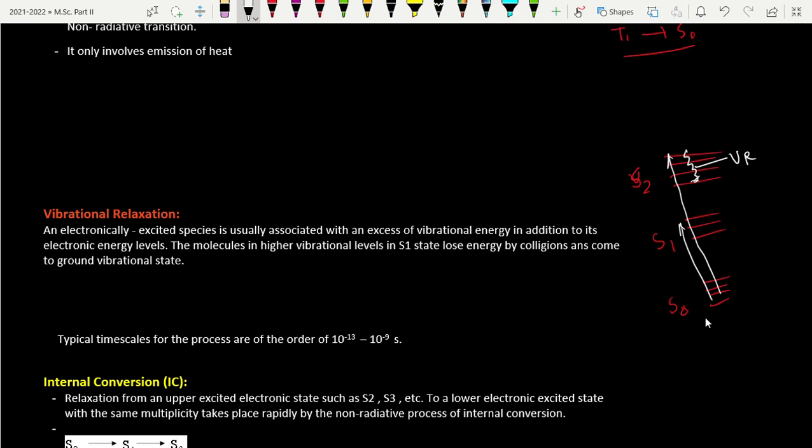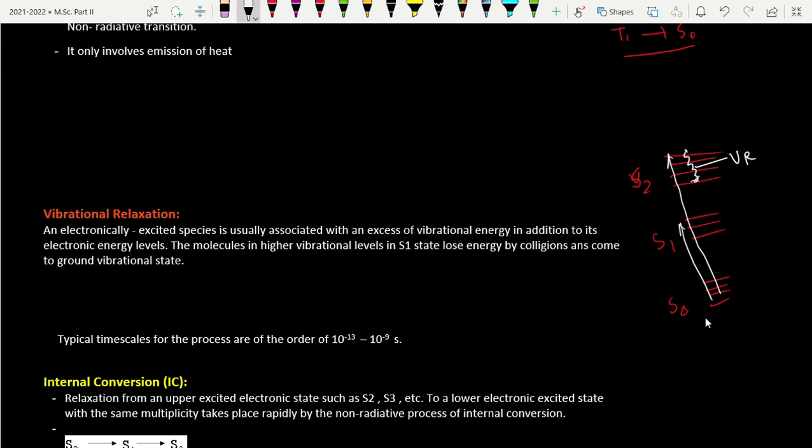So an electronically excited species is usually associated with an excess of vibrational energy. In addition to the electronic energy levels, the molecules in higher vibrational energy levels, that is S2 or S1, lose energy by collision and come to the ground vibrational state.